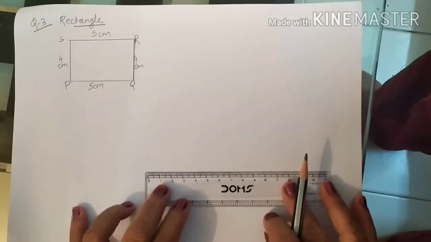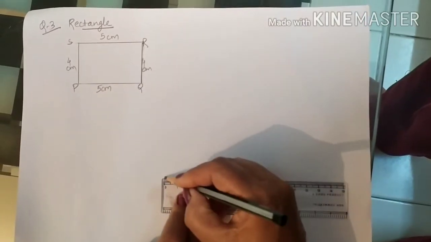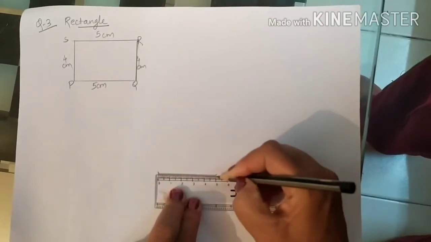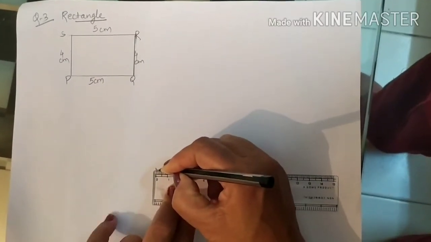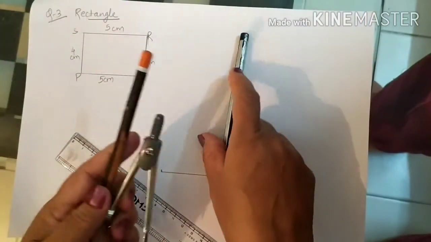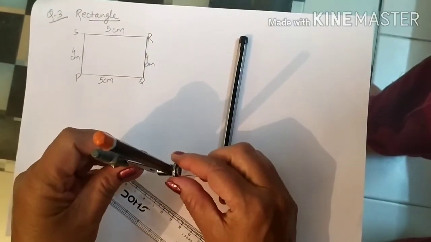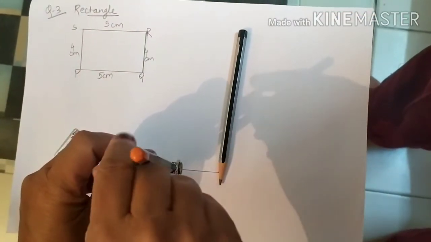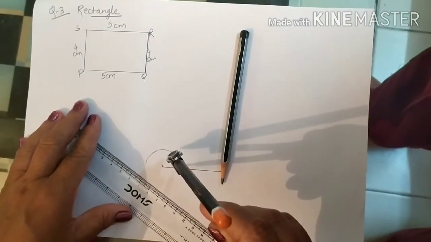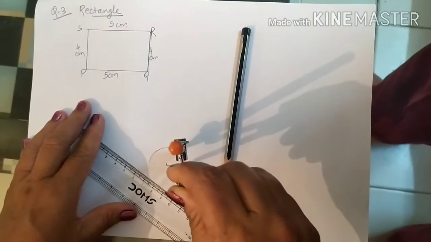First of all, we will draw line segment PQ of measurement 5 cm. Now with P as center, first we have to draw a 90-degree angle. So let us take the rounder and draw the 90-degree angle from P. Draw the semicircle first, and with the same measurement draw one arc for 60 degrees.